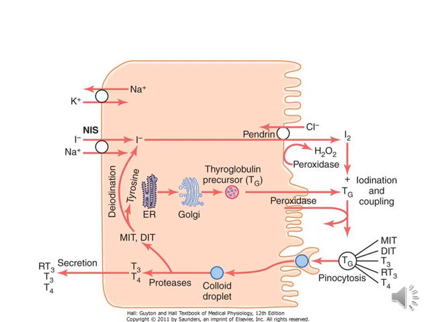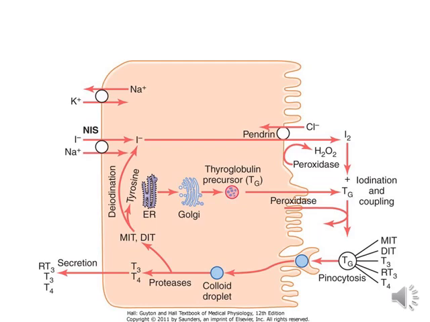So iodide in the ion form enters the colloid, but it must attach to the tyrosine amino acid. The first step for formation of T3 and T4 is attaching the iodide, not in the ion form but in the molecular form, to tyrosine.